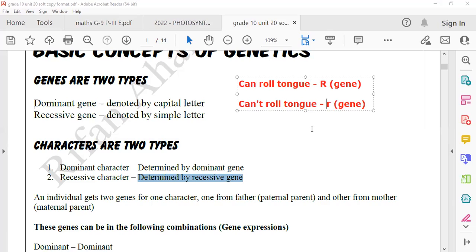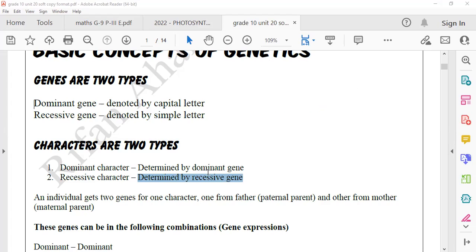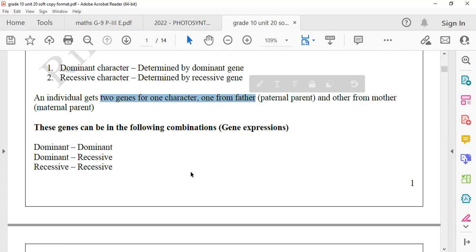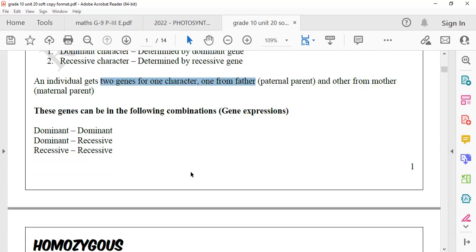Right. Now, are you clear regarding dominant character? Yes, sir. Right. Now, you know, for each of us, father gives one gene, mother gives another gene, correct? Yes, sir.